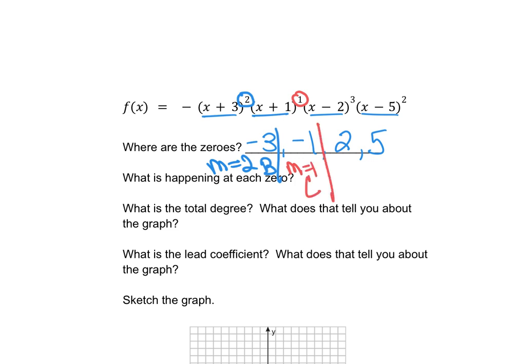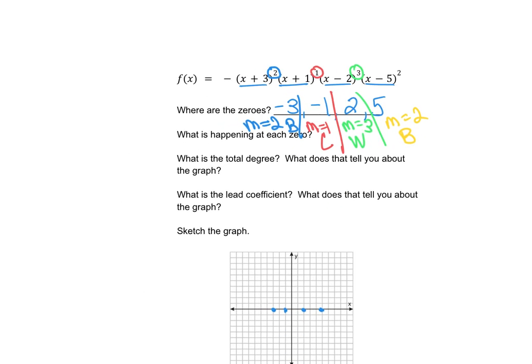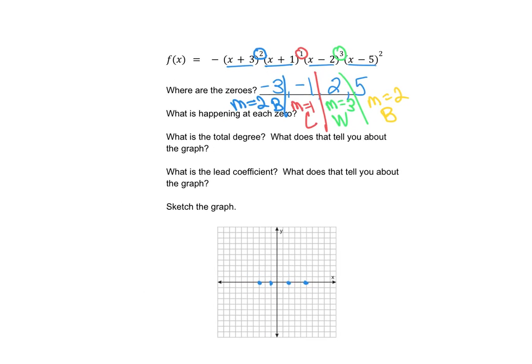At 2, we have a multiplicity of 3, which means we are going to wiggle. And at x equals 5, we have a multiplicity of 2. M is just my multiplicity, if you haven't noticed. A multiplicity of 2 means that we are going to bounce. So we know what we're going to do at each of these places.